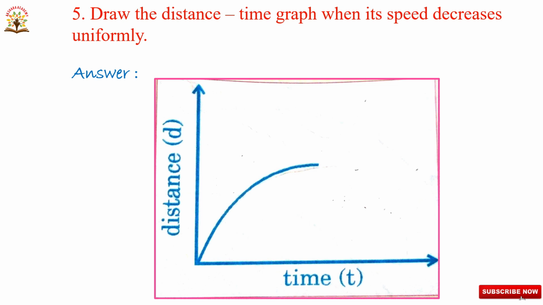So here whenever we are increasing the time, distance also increases, but its speed is decreasing with respect to time. So this is the graph between distance and time when speed decreases uniformly. The first one is increasing and this is decreasing. Okay, next we will go to the next question.